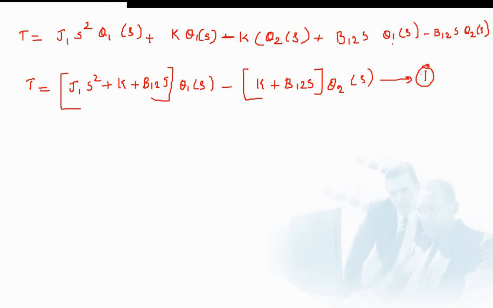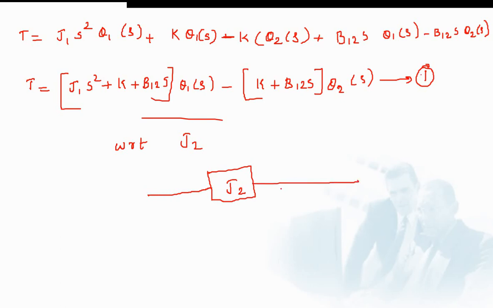Now consider the free body diagram with respect to J2. So for that, again draw a diagram for J2. We know there is no direct torque applied here, but there will be opposing torques because of the combined effect, and there will be an angular displacement theta 2 with respect to J2. So the opposing torques are due to Tj2.